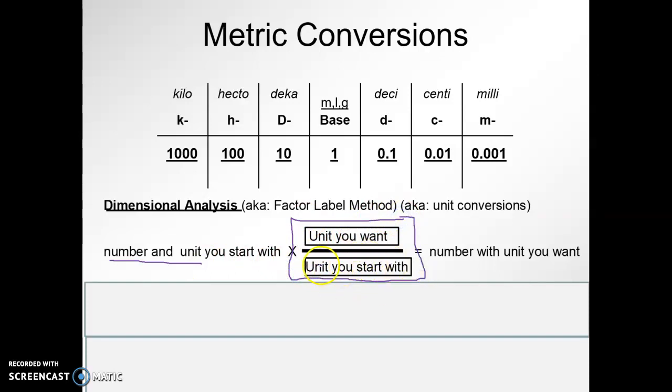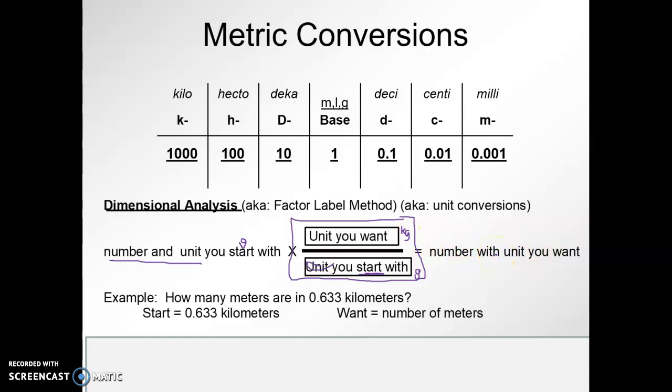At the bottom of the fraction, you have to put whatever units that you start with. So if you start with grams, then grams is going to have to be on the bottom part of the fraction. And whatever unit you want, maybe you want to go to kilograms, so you would put kilograms on top, and you'd have to know the unit conversion. So 1,000 grams goes into 1 kilogram. And then you end up with the number and unit that you want.